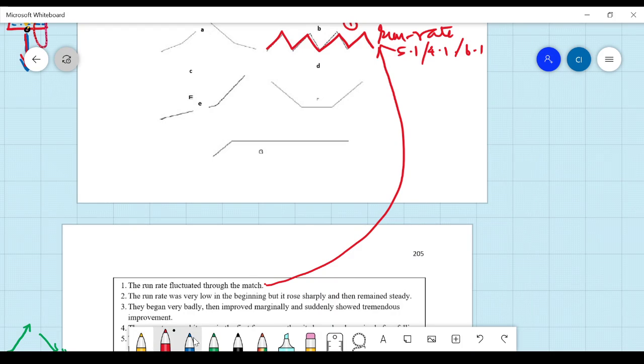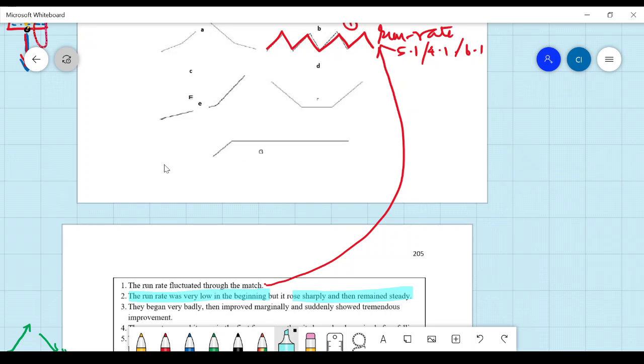Okay, now the next one: the run rate was very low in the beginning, and it rose sharply and then remained steady. Beginning very low, rose sharply. It is low and then remains steady. Which one has that?